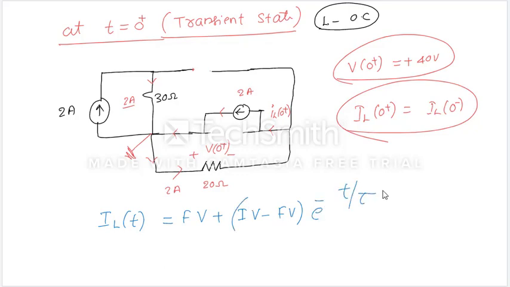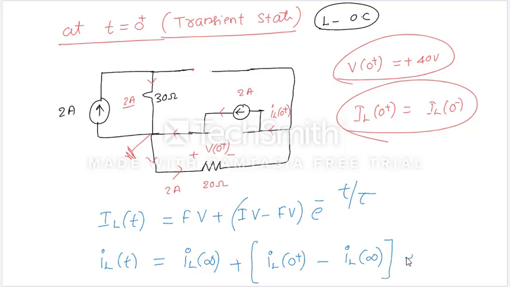Now see each term. Final value means IL of infinity. Initial value means IL of 0 plus. Minus final value, IL of infinity, into e power minus t by tau.